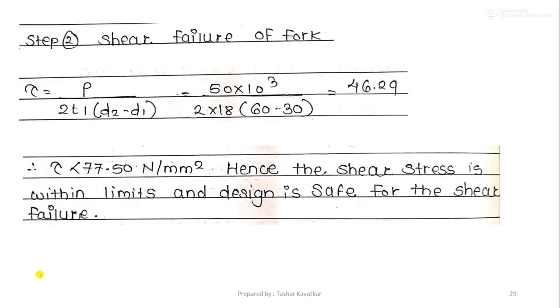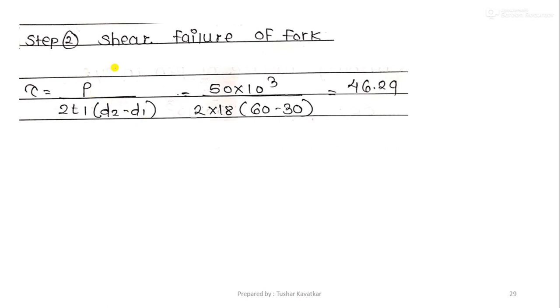Then for shear failure, again tau is equal to P upon area. What was the area for that? The area was T into (D2 minus D1)... divided by 2.